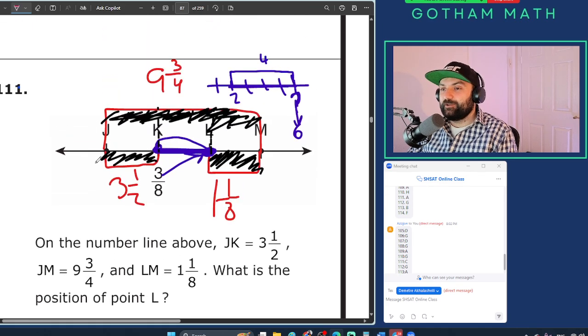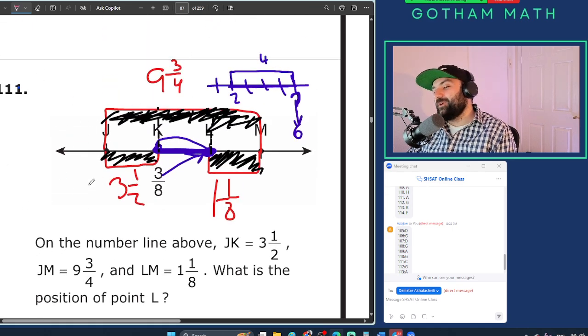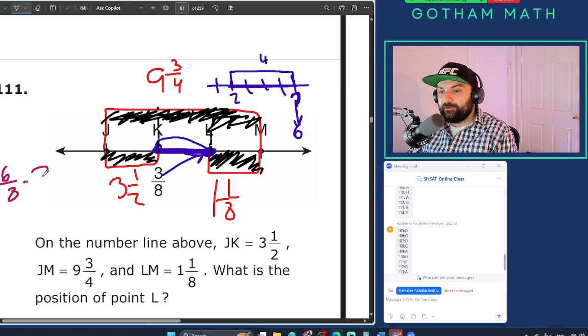Well, it's a lot of calculations. With 9 and 3/4, we're probably going to have to make them all into the denominator 8, so it's going to be 9 and 6/8 minus 3 and 4/8, and then the result minus 1 and 1/8.